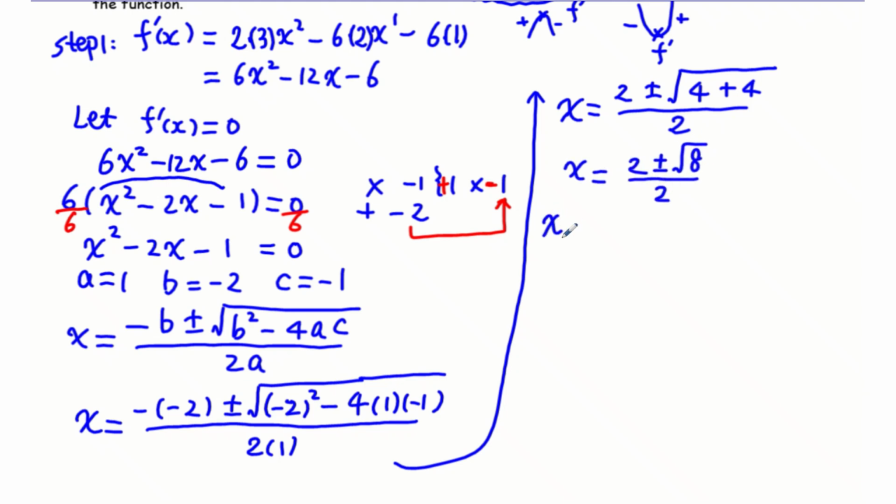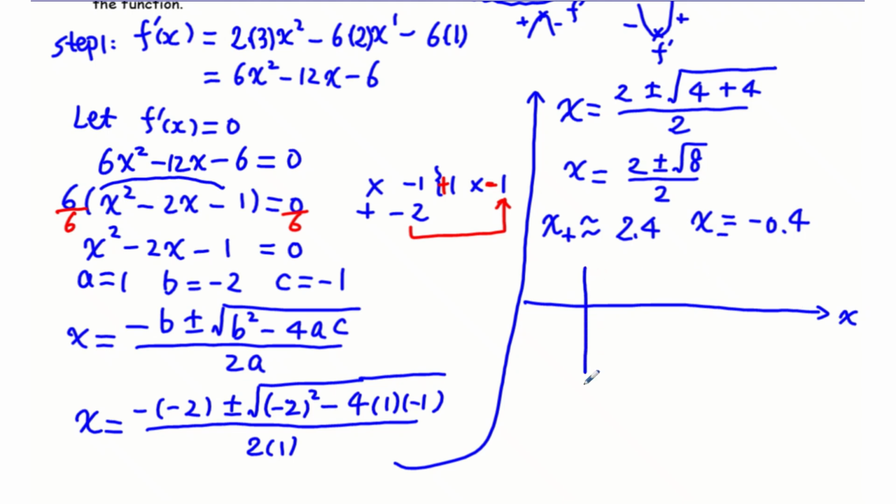For the plus sign, the calculation is roughly 2.4. And for the minus sign, 2 minus square root 8 divided by 2, we have around negative 0.4. So we are going to do something like we did in our last lesson. We draw the x-axis. Then we have 2 zeros.